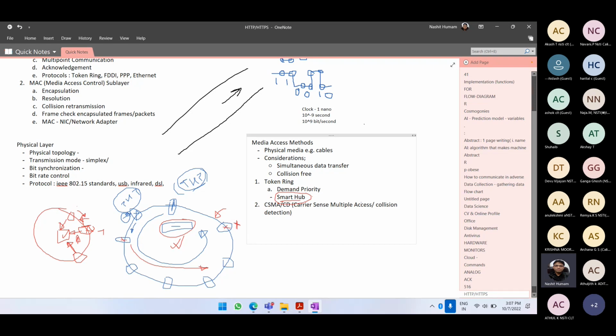Now the name is really important. It has a very big name, and that name does answer most of the things about this technology.